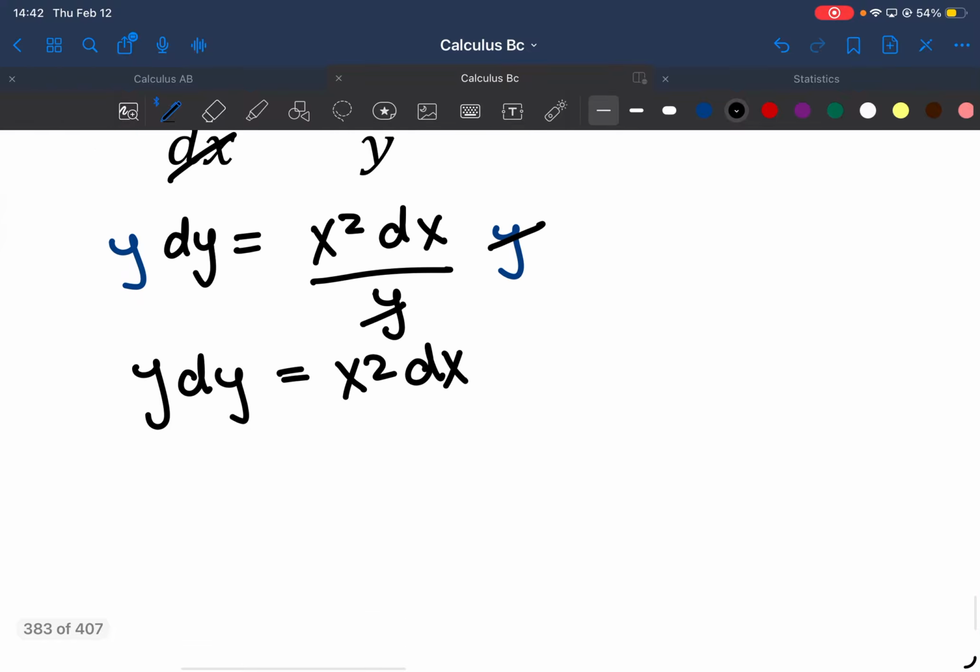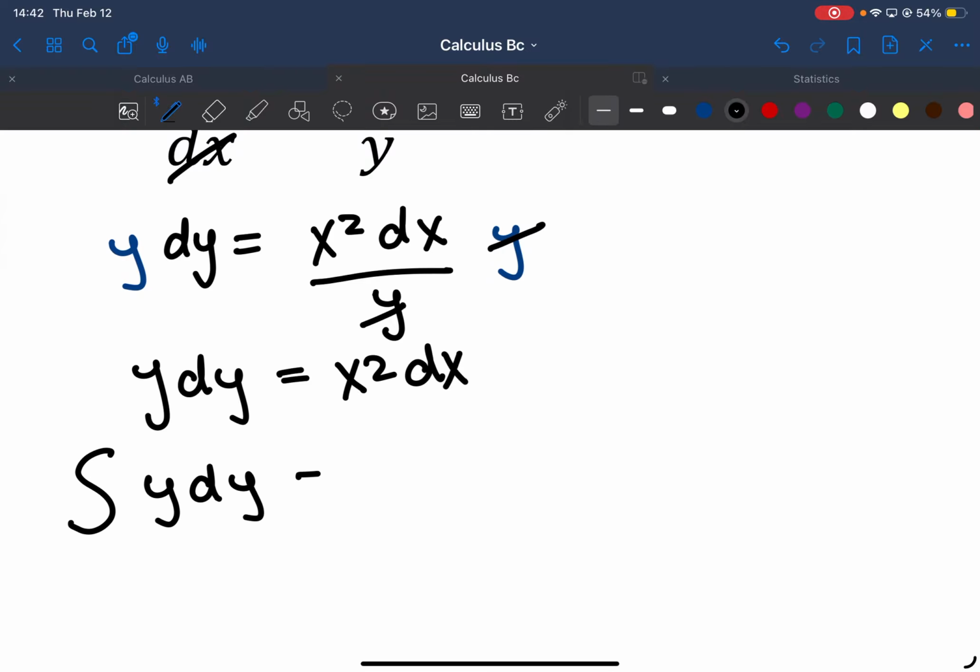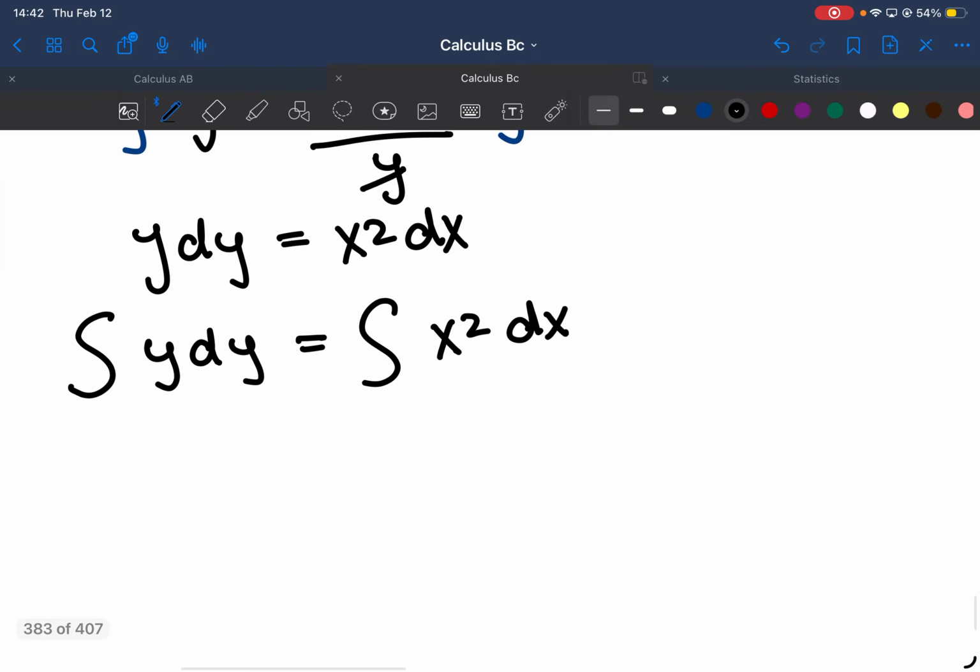Okay, so from here, once we have our variables separated, we're going to integrate both sides. So the integral of y dy is equal to the integral of x squared dx. What's the integral of y? Y squared. Good, 1/2 y squared. And then every time we integrate, we have to do plus c.